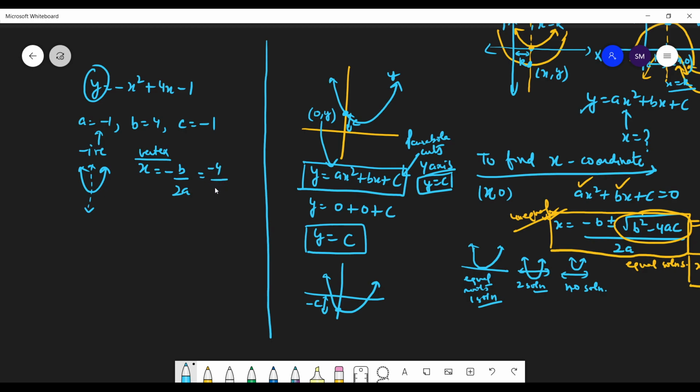So that's minus 4 upon 2 into minus 1. That's equals to 2. So if x equals to 2, what will be the value of y? Yes. Minus 2 square plus 4 into 2 minus 1. And that's equals to y equals to 8 minus 5. 3.